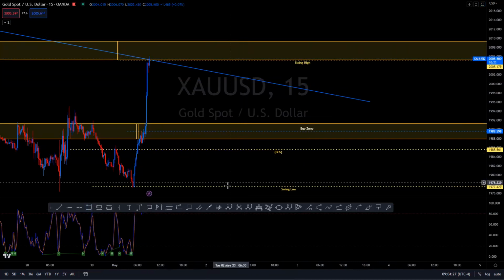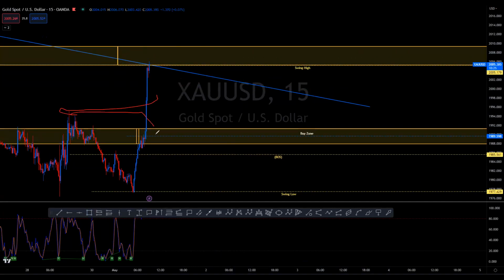Again, I'm looking for price to sell and come down to this area, maybe come down to this structure or this structure, and then sell up. So we might probably catch the counter trend sell, depending on where price is at when the 9:30 candle hits. What we're going to do is wait for the 9:15 candle to close, and then we'll figure out what we're going to do.